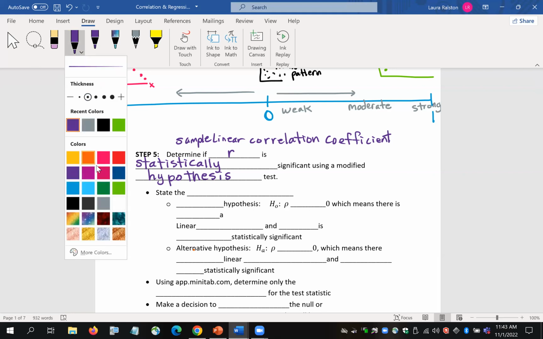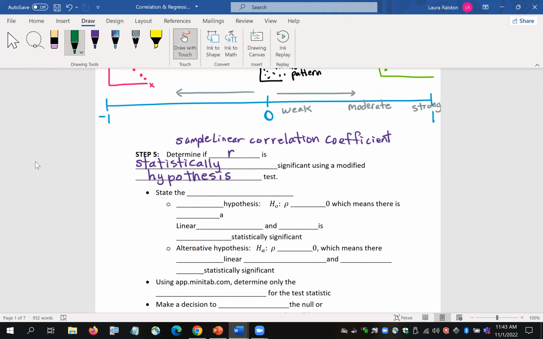So let's walk through the steps here. We begin, as we always do with any hypothesis test, by stating the hypotheses. You still have a null hypothesis. The null hypothesis for the sample linear correlation coefficient will always be rho, which is the population correlation coefficient, equals 0.